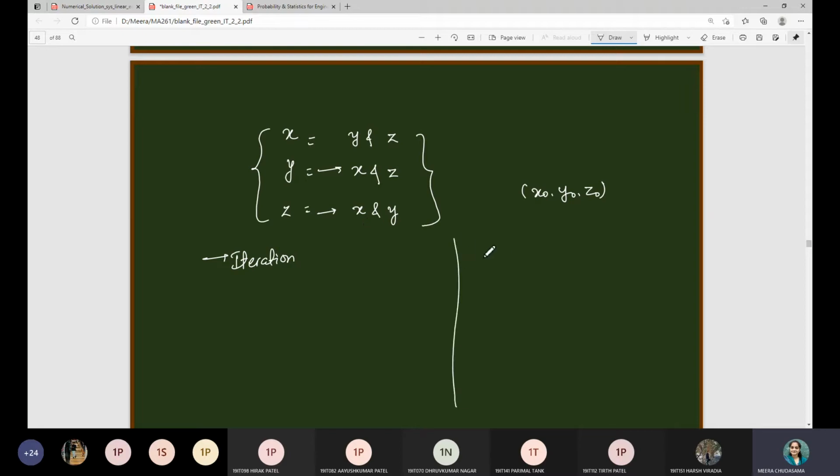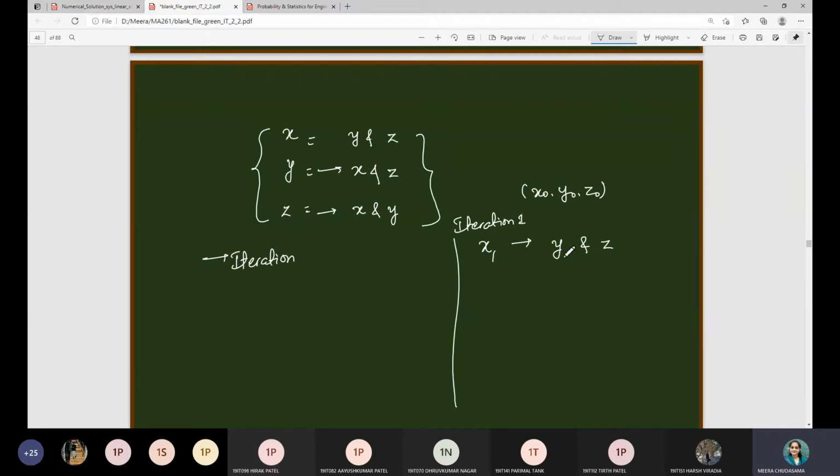In this Gauss-Seidel method, what will we do? If you start with the approximate solution of the x variable, that is x1, and its expression is in terms of y and z, then we are not going to consider all three equations simultaneously in iteration 1. Suppose I say this is iteration 1.